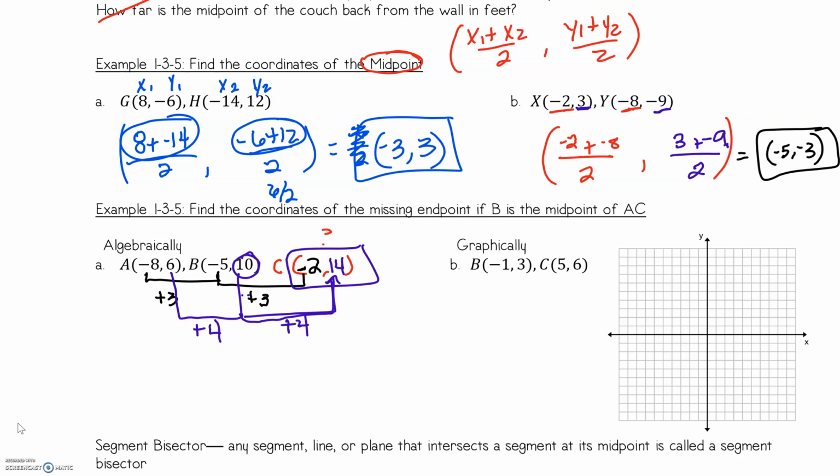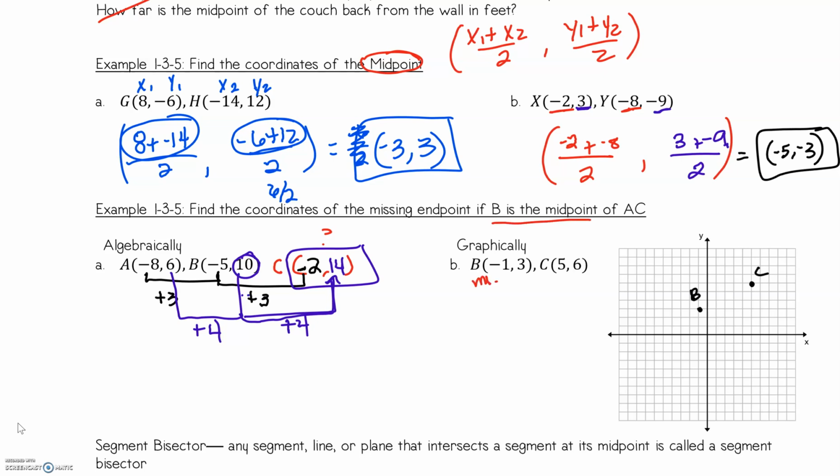I'm going to do it both ways, both our little algebraic way, and then I'm going to do it graphically as well. So I'm going to go ahead and graph it: -1, 3, and label your points. 5, 1, 2, 3, 4, 5, and 1, 2, 3, 4, 5, 6 for C. So I am going to find A. Well, A has to be kind of over here somewhere because it's A, then B, then C. B is in the middle, because that's what it says, missing endpoint if B is the midpoint.